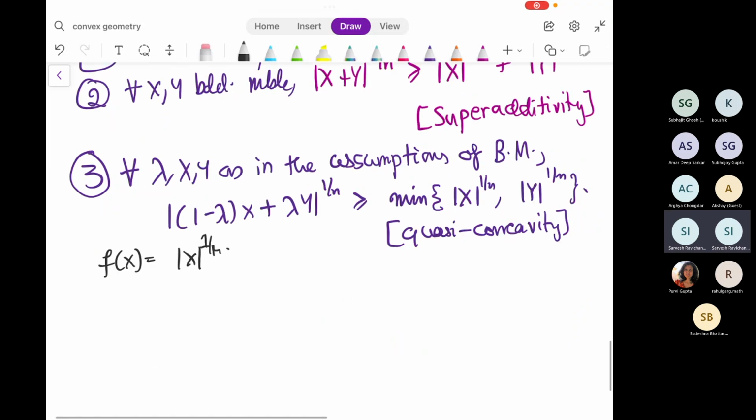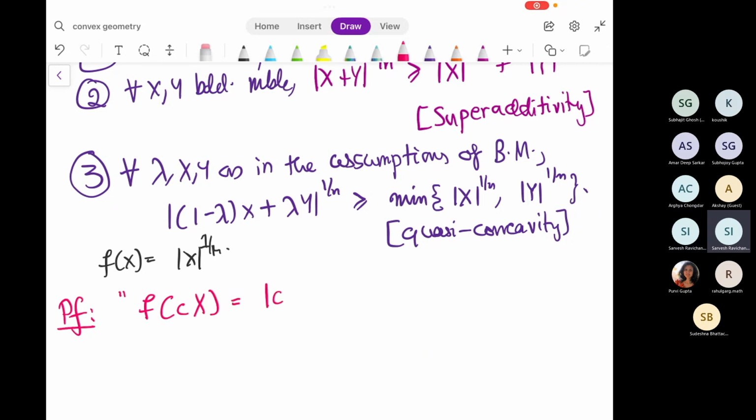And the proof, which I'll not elaborate on much, the key fact is that f is homogeneous. So f of t times capital X is just the Lebesgue measure of tX to the 1 over n, and that's just t times the Lebesgue measure of X to the 1 over n, and that's just t f of X. So f is in fact a homogeneous function.